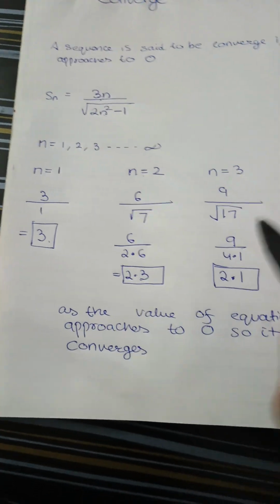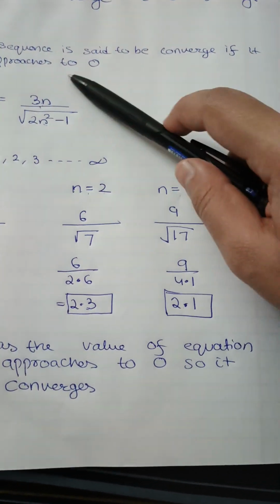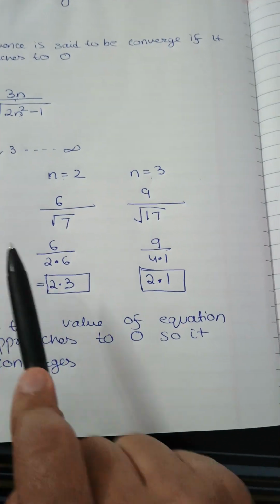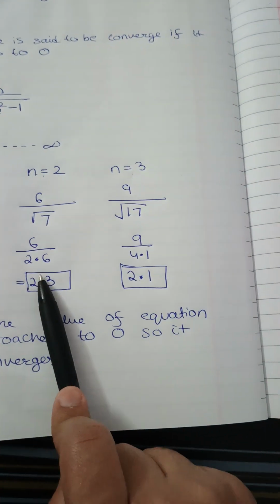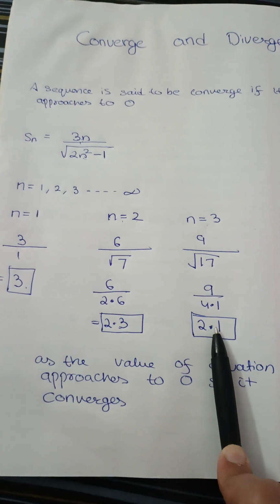For example, this was the example of a converge sequence. Here we can see that while putting the value of n, the answers are 3, 2.3 and 2.1, so we say that it is a converge.